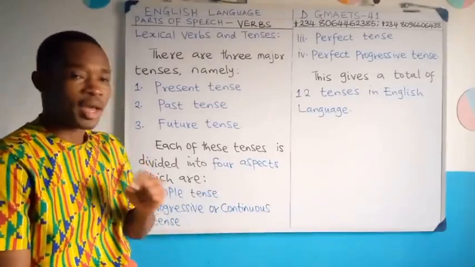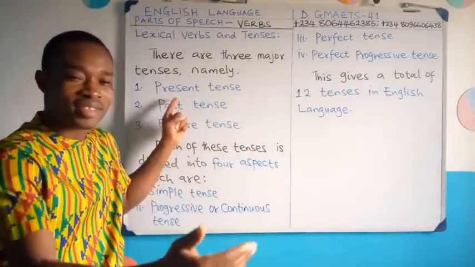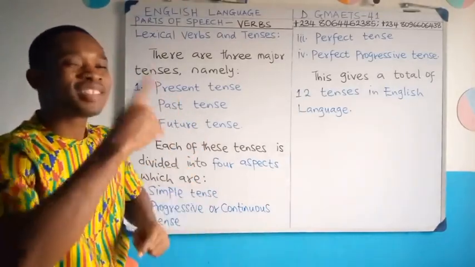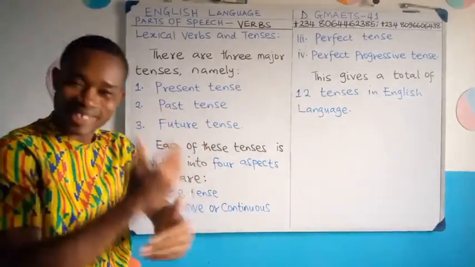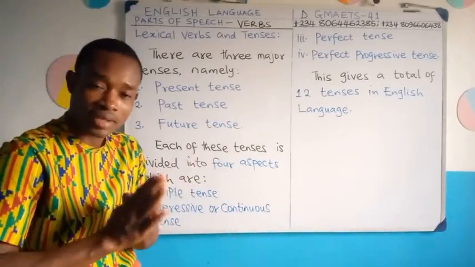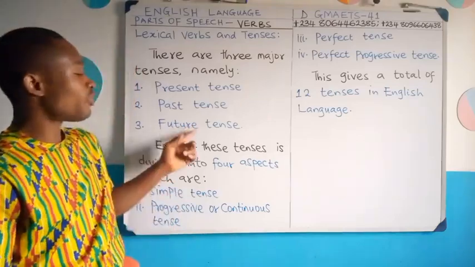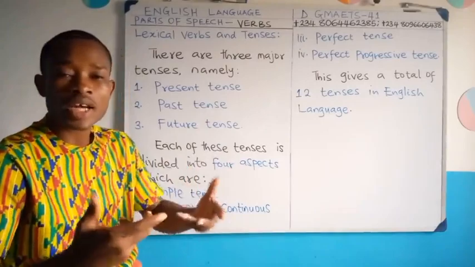So look at something here now. This present tense gives birth to four other tenses. This past tense also gives birth to four other tenses, making them how many? 8. Then this future tense also gives birth to four other tenses.